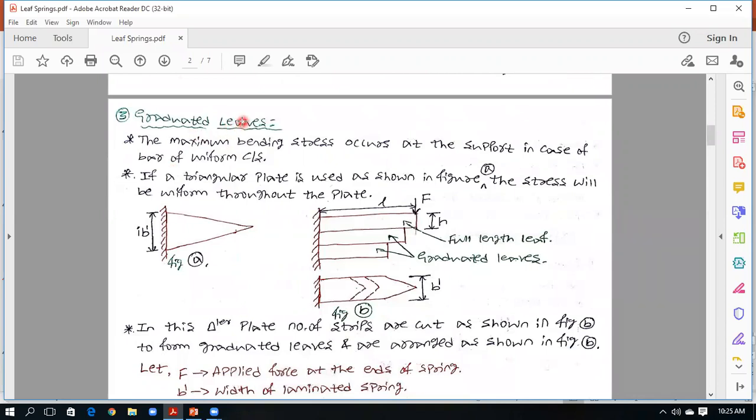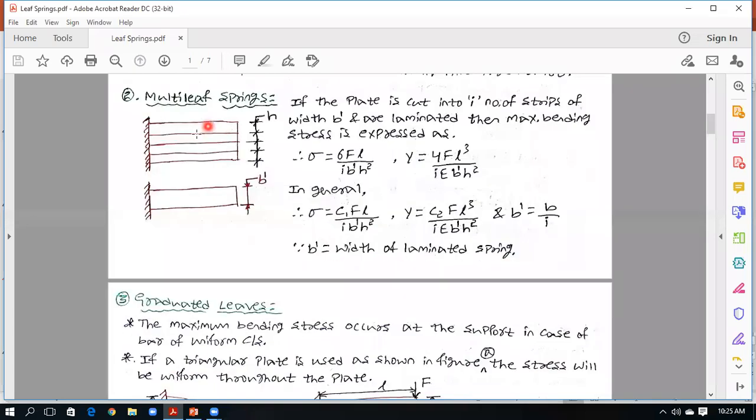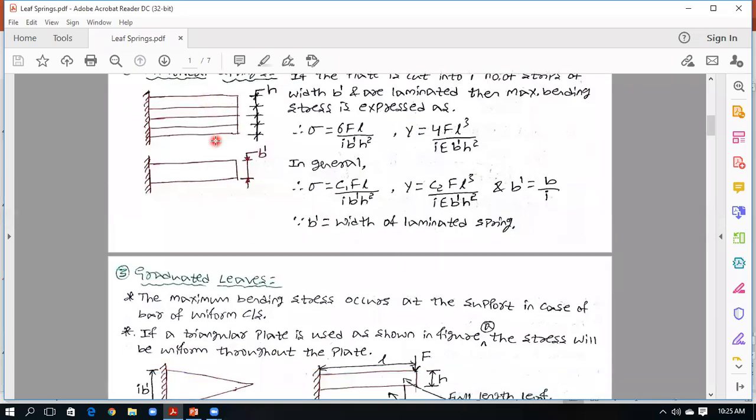Before taking these graduated leaves, if you see any structure or leaf which is having a uniform cross section, the maximum stress will occur at the support in the case of the uniform cross section.